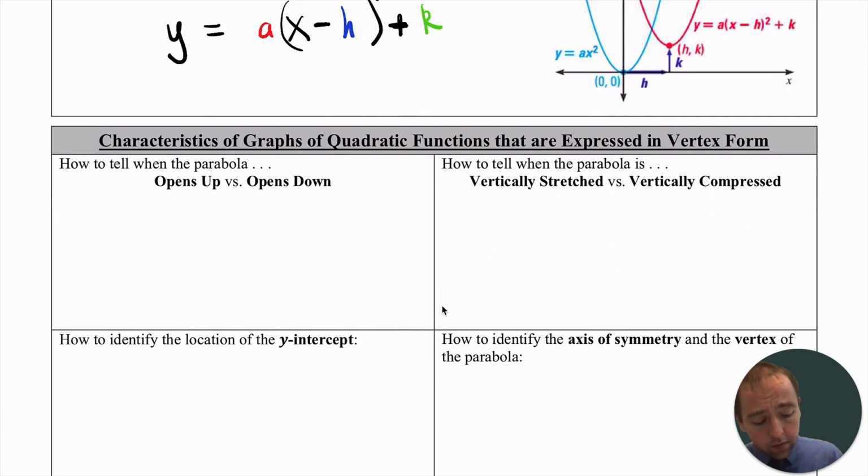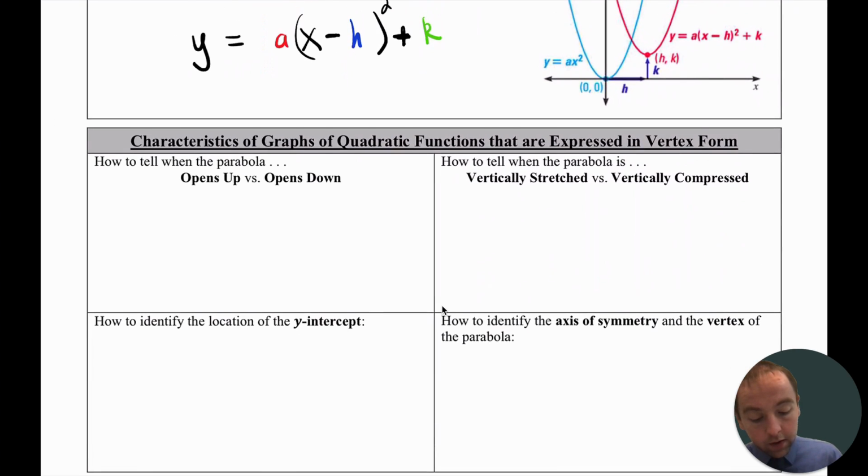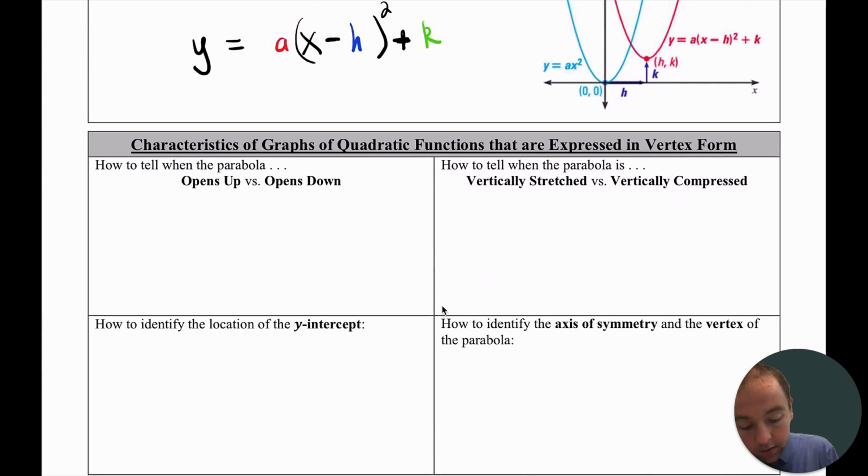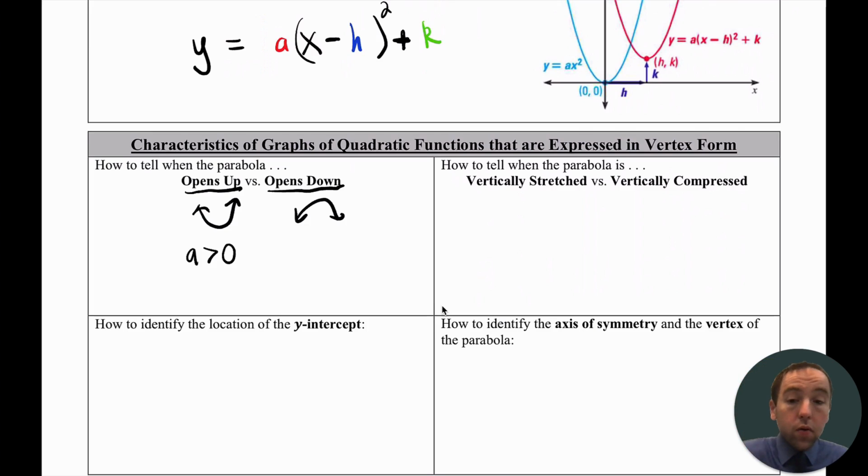So some characteristics that we're going to see about graphs that are expressed in vertex form might include the following. The graph may open up, meaning that the parabola is just kind of an upwards facing U shape, whereas sometimes we will see the parabola will open down. To distinguish between those cases, the parabola will always open up when the value of a in your equation is above 0, in other words, if it's positive.